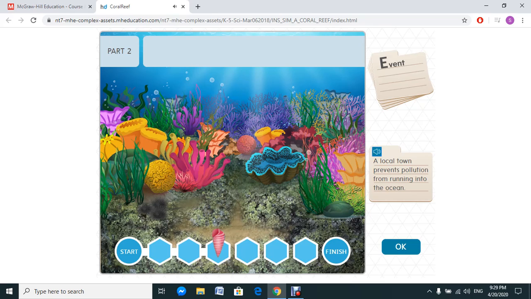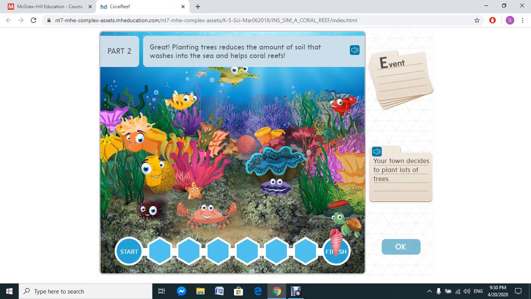Yes, so they are stopping pollution and they are trying to keep the ocean clean. This is a good thing for the coral reef, so we moved a lot. That will help. Yes, so it is a good thing to do. Now, event. So if we planted a lot of trees, will this be a good thing or a bad thing to do?